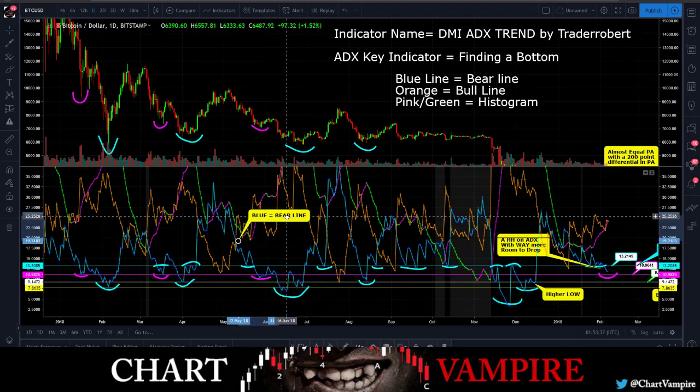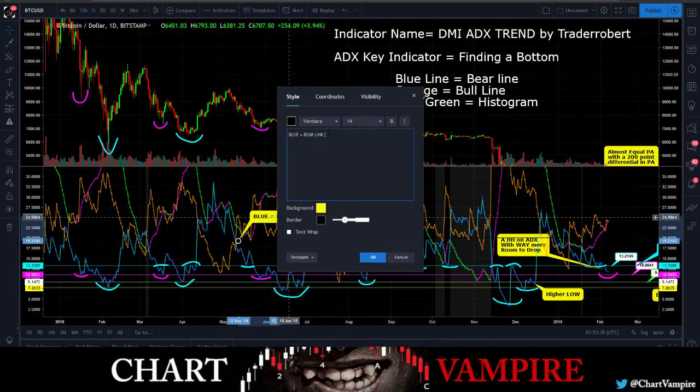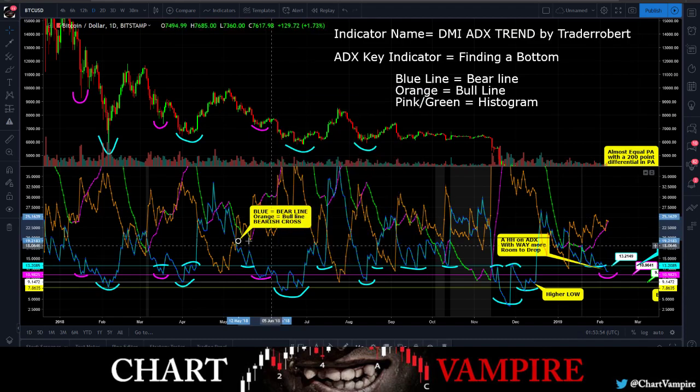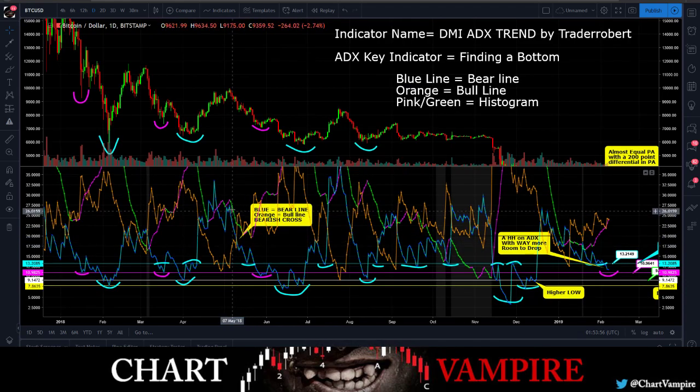Here you have a bull and a bear cross. You have the blue bear line and the orange, this is the bull line. A bearish cross, right? So you have a bearish cross where your bearish line is descending and it crosses over on top of your bullish line.